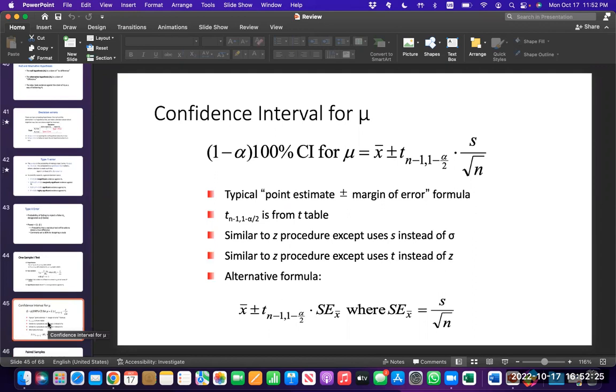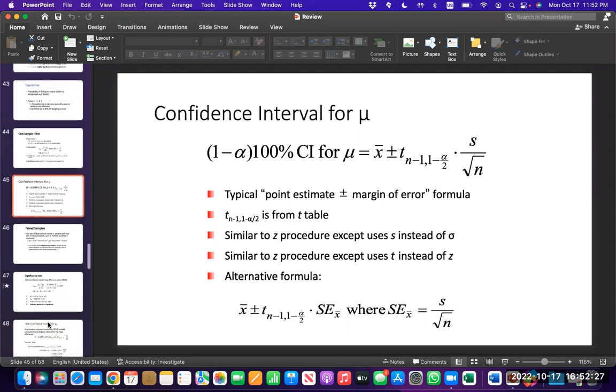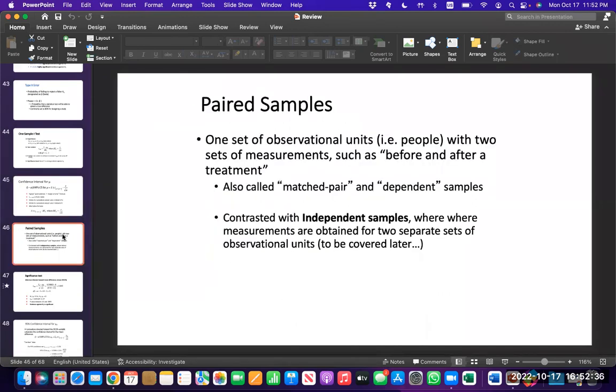Confidence intervals are essentially point estimates, which are being calculated in the same fashion as the z value. Paired samples are essentially a chronological order of samples that are being drawn.